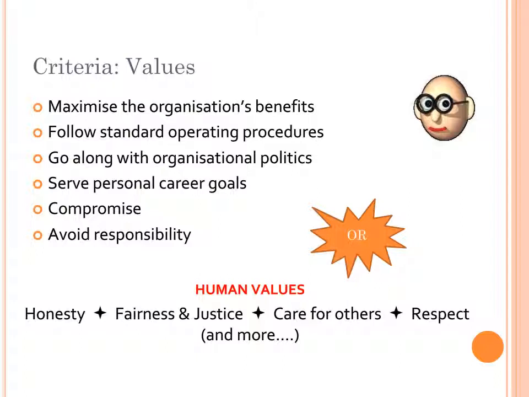And we can add to those. In some lists of values there are 60, 70, 120 different values, but they all flow out of these core human values. So this is not to say that any of what we're saying now is the law or it's the only way of looking at life. It's a suggestion that this is a proper way to look at life.